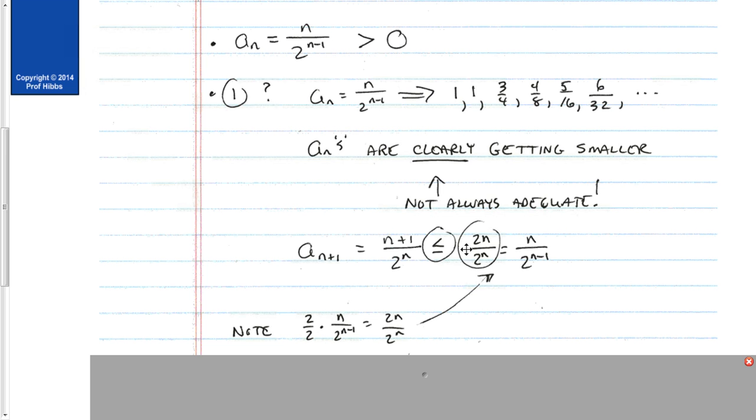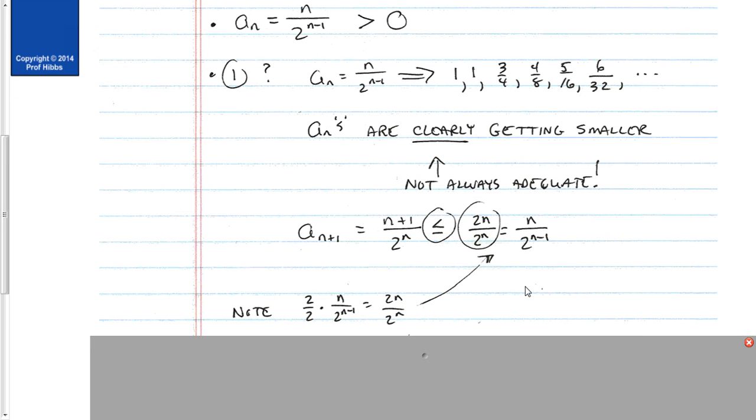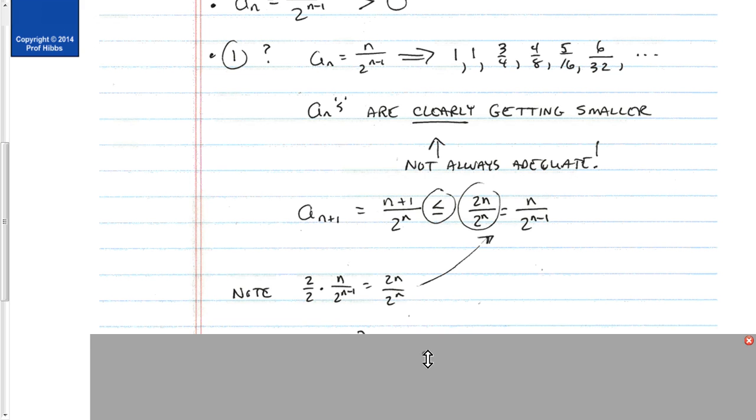The fraction right here, we can think of it in this fashion: it's 2 over 2 times n over 2 to the n minus 1, because when we multiply the 2 and the 2 to the n minus 1, we add the exponents, so our exponent is n. Here we just have a 2 times n. So this fraction can be written as 2 over 2 times n over 2 to the power n minus 1, and since 2 over 2 is 1, then these two fractions are equal. That's all I was saying. It took a long time to say that, but that's what I was saying.